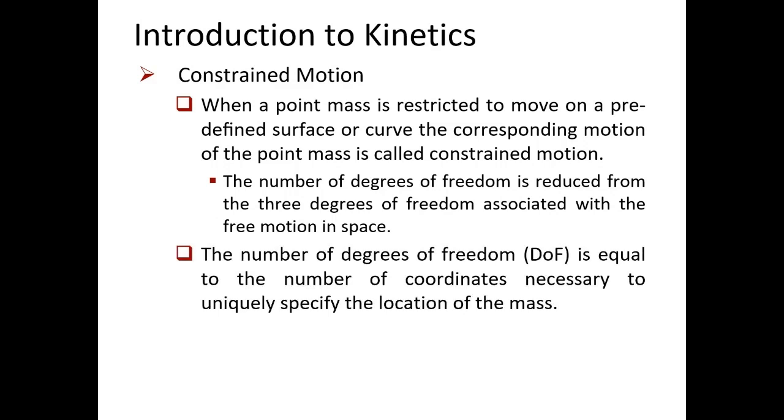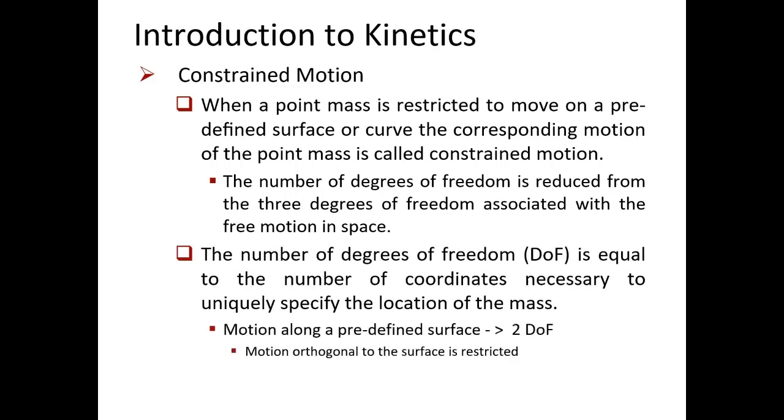For example, if you consider motion along a predefined surface, something moving along a table, 2D space, that will have only 2 degrees of freedom because z directional motion is restricted. We do not allow that object to jump out of the table, for example.